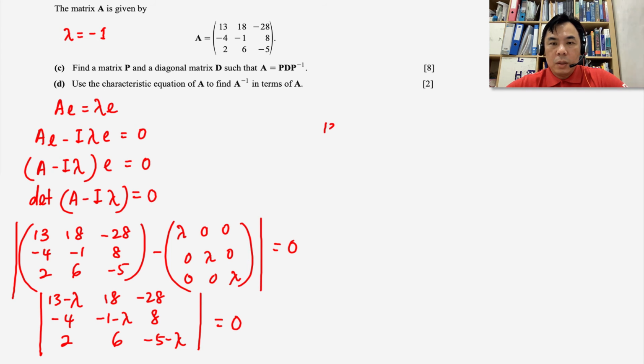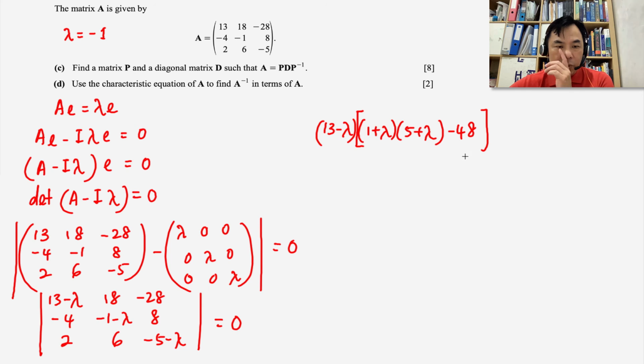We have 13 minus lambda multiply with, okay, basically it's like this. Multiply with this and AD minus BC. But because both are negative, usually I will just convert them to positive. It's easier to work with in this case. Minus of 48.